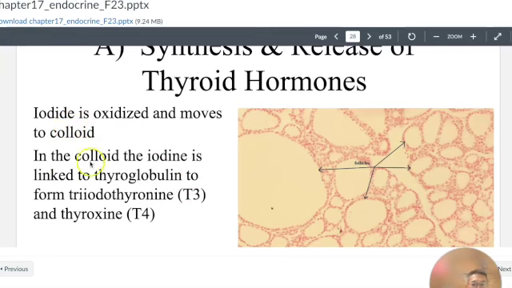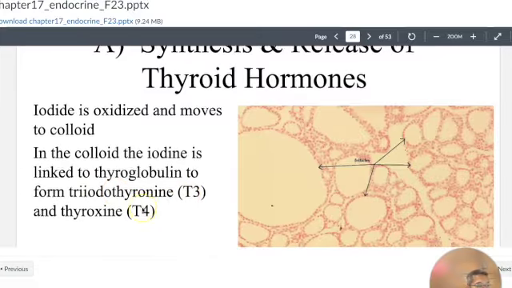In the colloid, the iodine is linked to T3, which is triiodothyronine, and thyroxine, T4, has four iodines. So iodine will bind to T3 and T4.